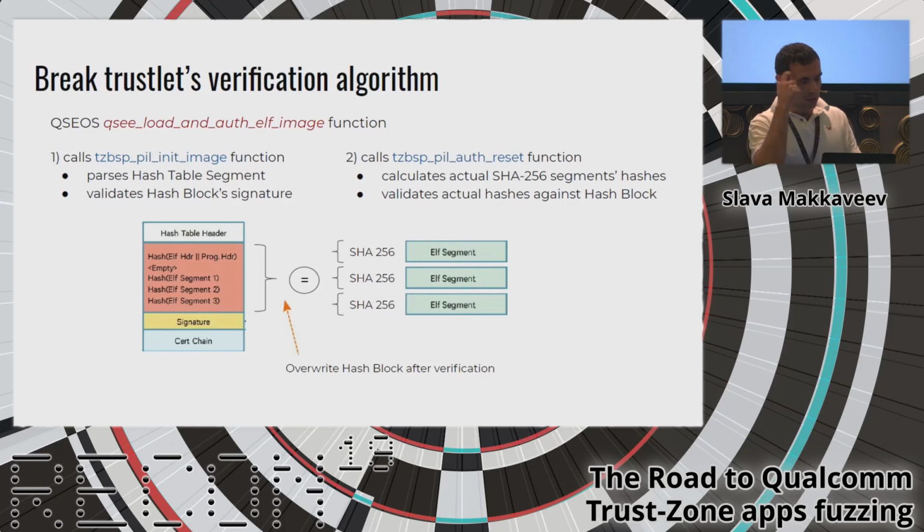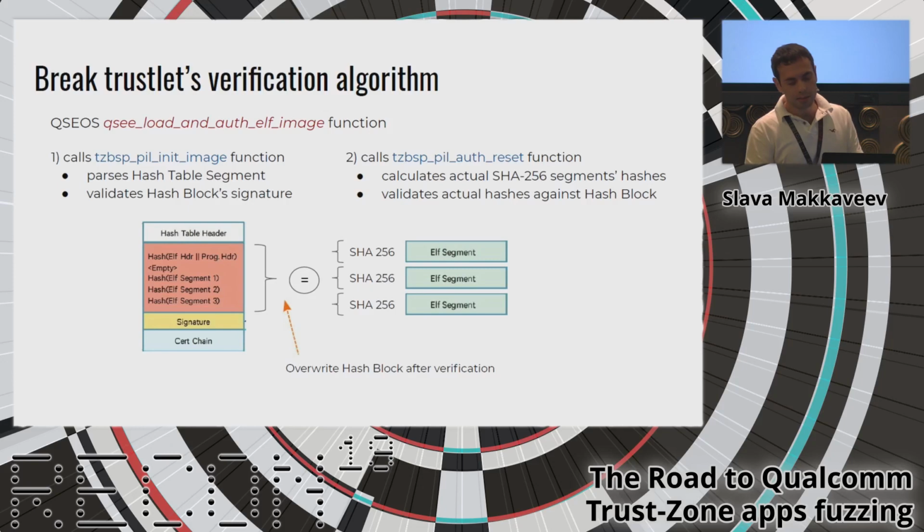Let's take a look at the QC load and auth ELF image function, which I mentioned previously, which is responsible for verification of trustlets on loading. The verification algorithm consists of two parts. The first part, implemented in the pil_init_image function, parses the hash table segment of the ELF file and then validates the hash block signature.